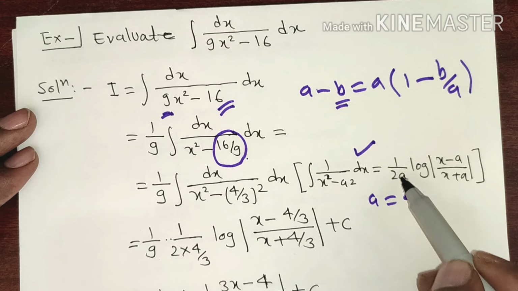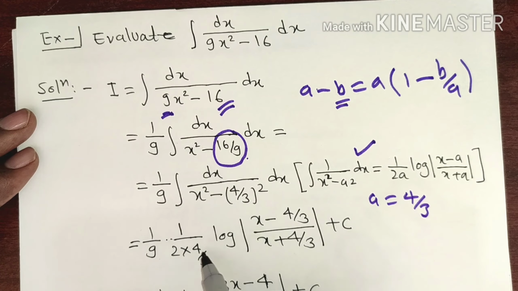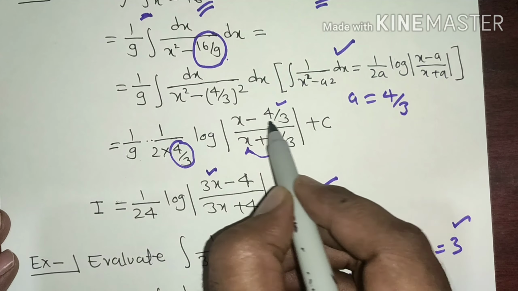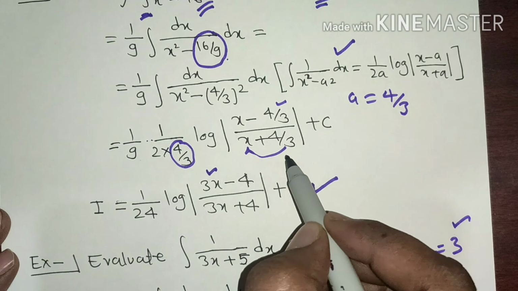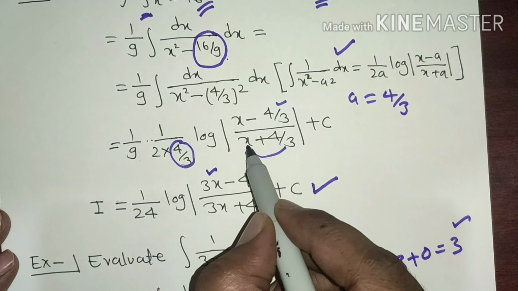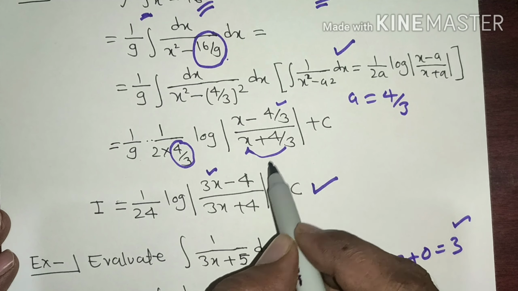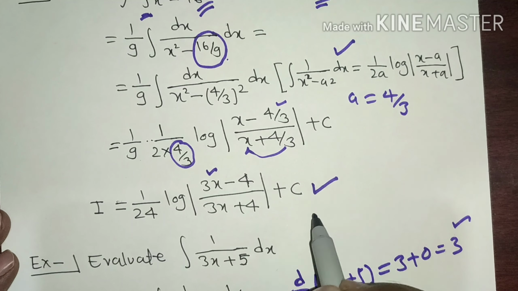So that's why 1 upon 2a, log of x minus a divided by x plus a. Multiply 3 with x, so we get 3x minus 4 divided by 3, and also 3x plus 4 divided by 3. The 3 gets cancelled, and we get our answer.